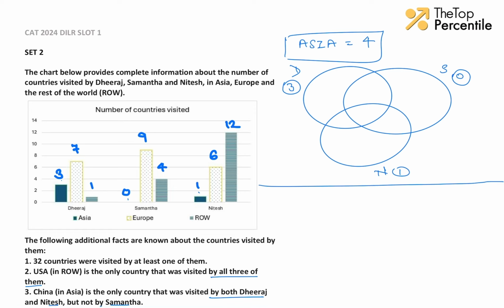Let's draw one for Europe now. The number of countries people visit from Europe is 7 plus 9 plus 6. 7 plus 9 is 16 plus 6 is 22. This will be 22, and I'll have a Venn diagram for them.